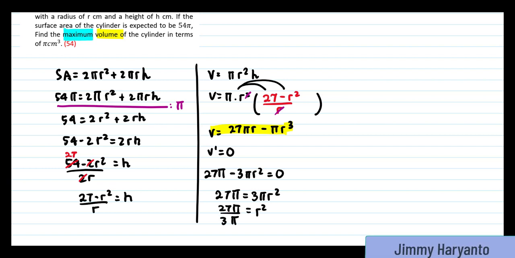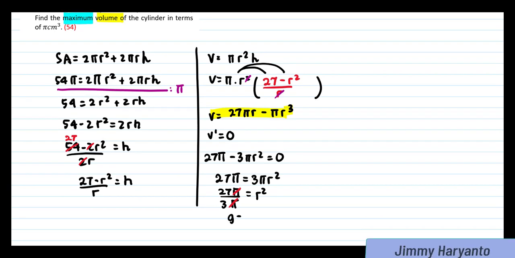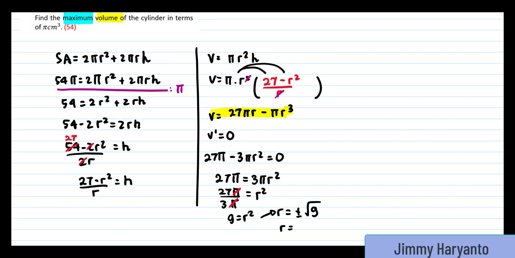You can cross out the pi, and then 27 divided by 3 equals 9. 9 equals r square. That means r will be plus minus square root of 9. Because this one is a real life application, the radius cannot be negative, so you will choose the positive one. So the radius is 3 centimeters.